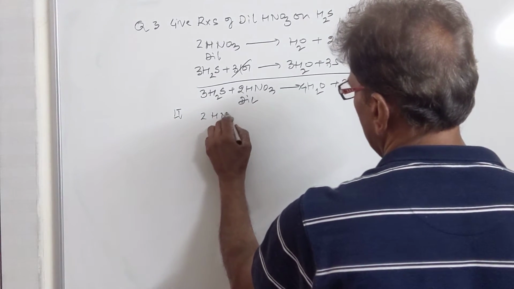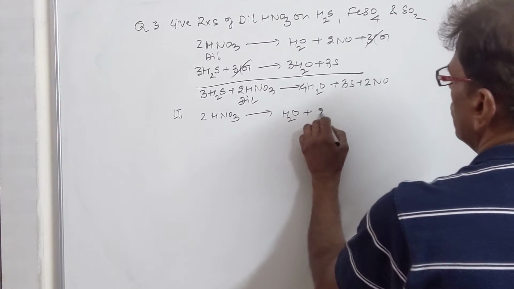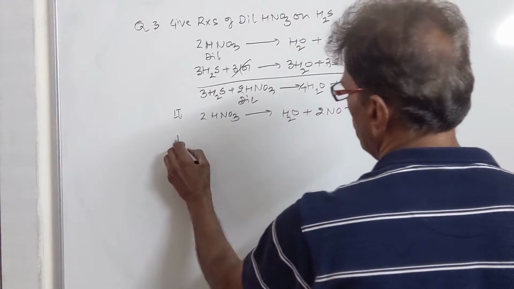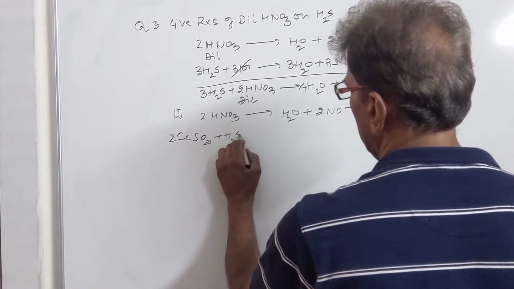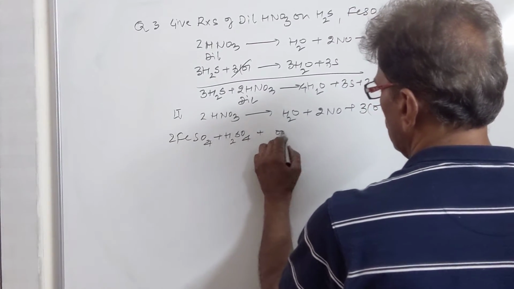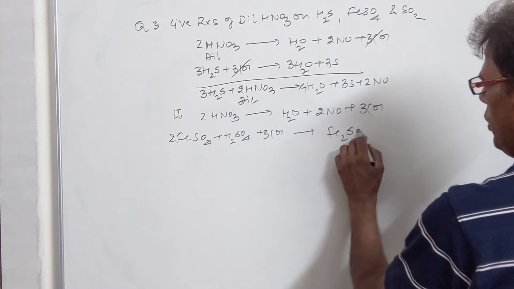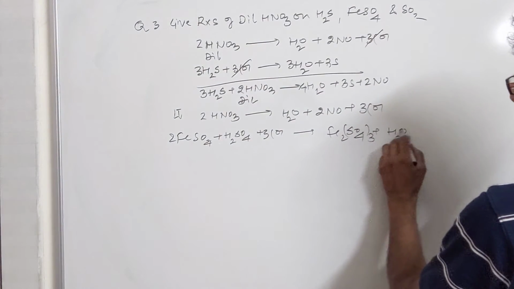Take the first reaction as such. You will get H2O plus 2 NO plus 3 nascent oxygen. This will combine with ferrous sulfate in the presence of sulfuric acid and nascent oxygen is consumed here 3. You will get Fe2(SO4)3 plus H2O.